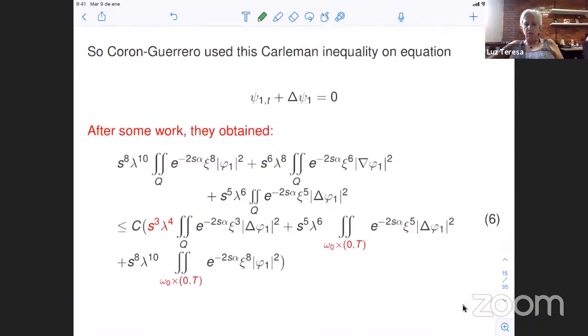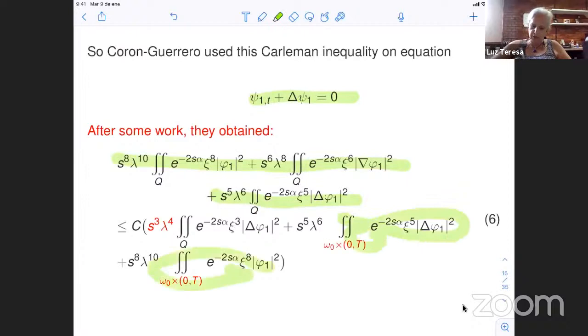Okay, so Coron and Guerrero use this inequality on the first component of the adjoint equation, of this heat adjoint equation that I obtain applying this gradient of Laplacian, and they are able to bound not psi1, but phi1, that is the original component, and you have my local term, you have this here.